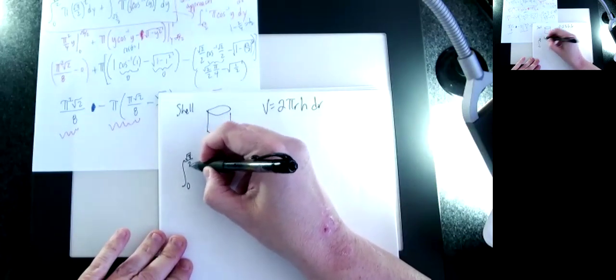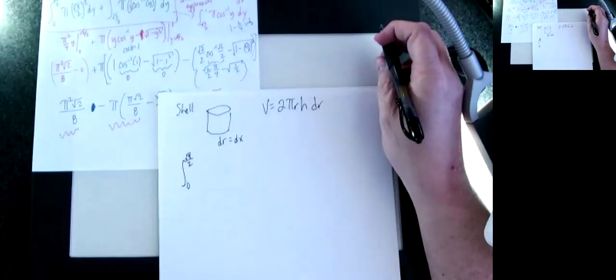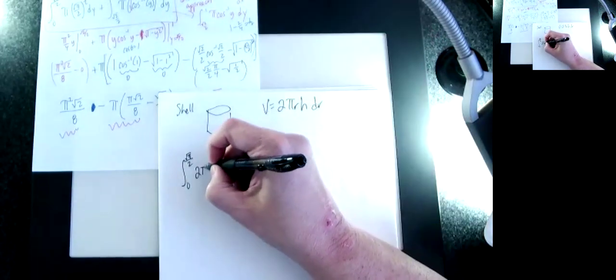It looks like we're going to go from 0 to square root of pi over 2. We're going to have 2 pi.